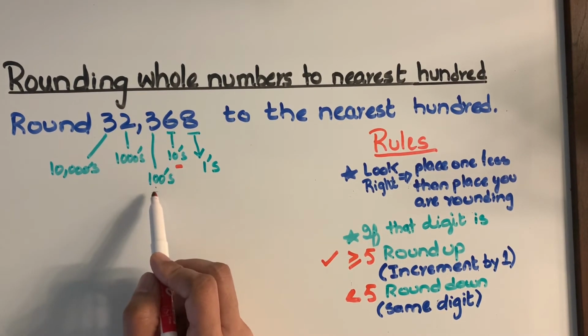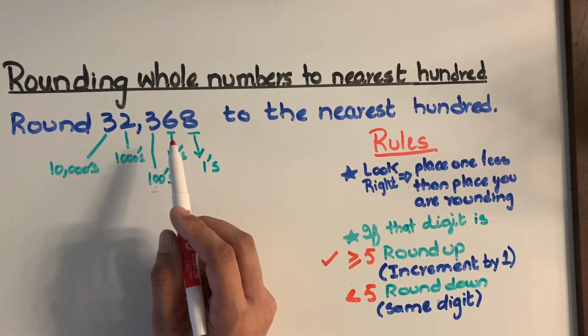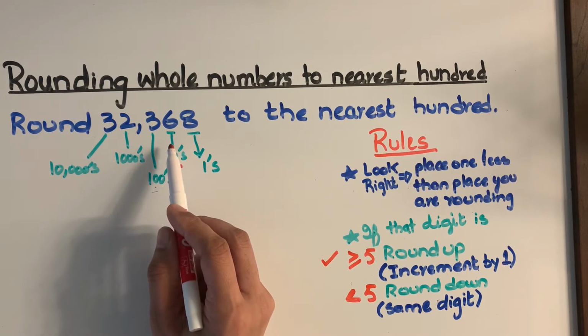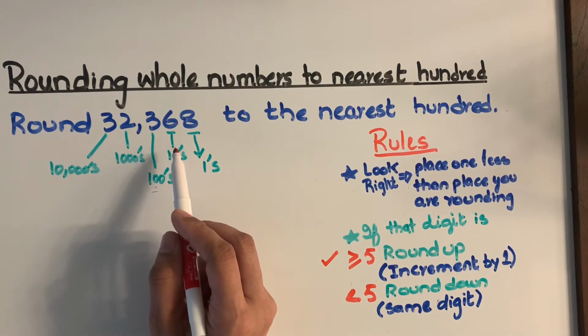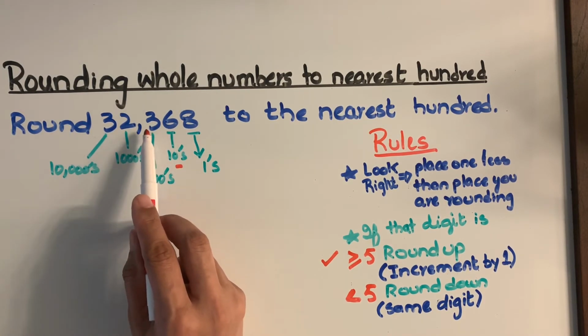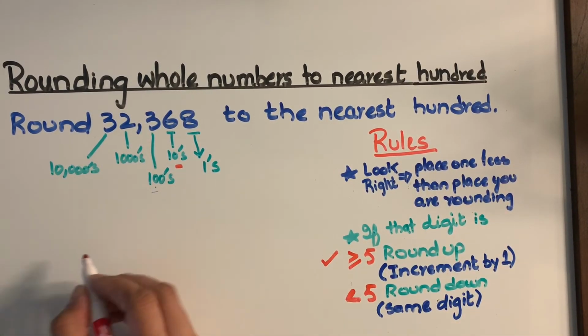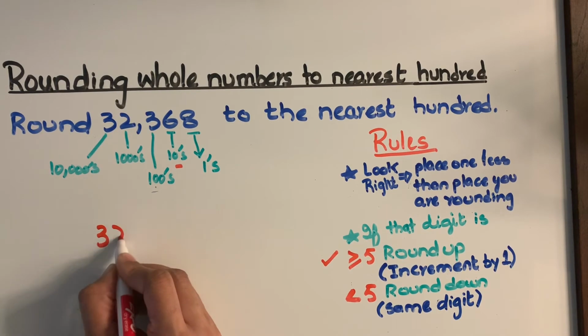Because we are rounding this number, we have to look to the right and see if this number is 5 or greater than 5, and we have to round up. We have to see this number, but we have to round the number in the hundreds place because we are rounding to the nearest 100. So what will be the number?